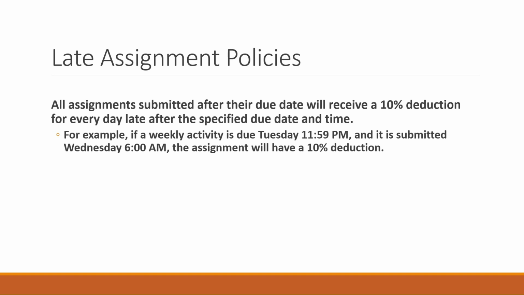So if it's worth 10 points, they will automatically have 1 point removed from that weekly assignment. And if they turn it in the following day, then that's 2 points removed. This, of course, does not apply to exams, which are not a regular assignment that can be turned in late.